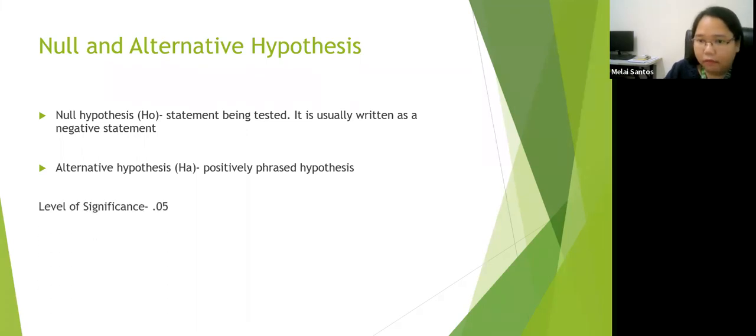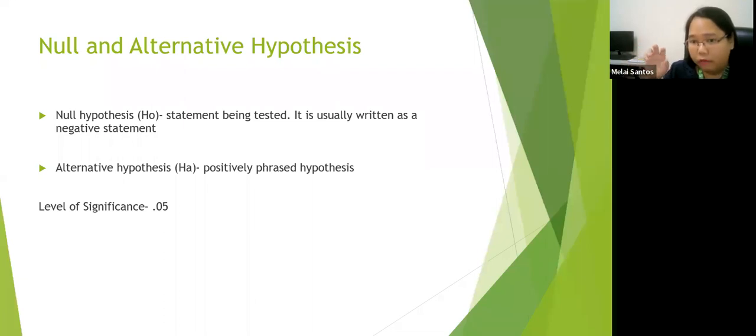The most important value that you have to remember is 0.05. Very, very important. If your value is lower than 0.05, we reject the hypothesis. But if it's more than 0.05, we accept the hypothesis. For example, there is no significant difference in the level of motivation of male and female.